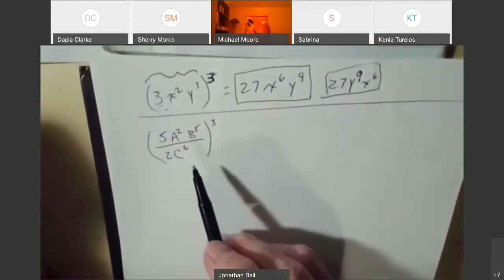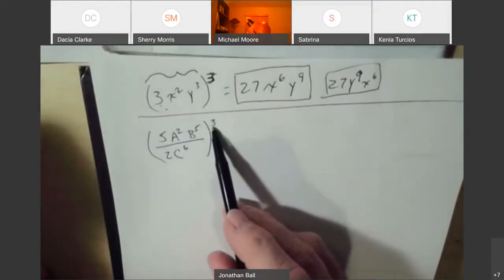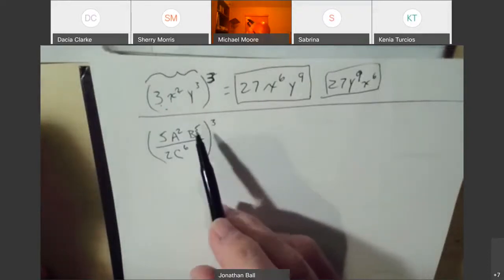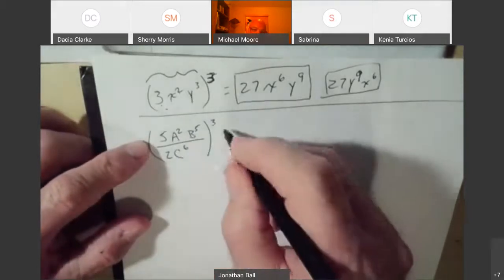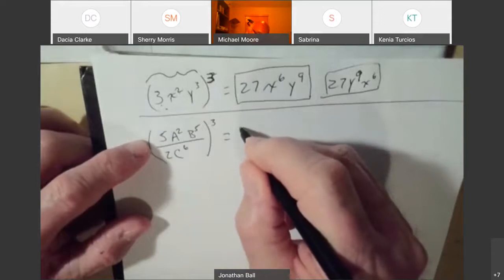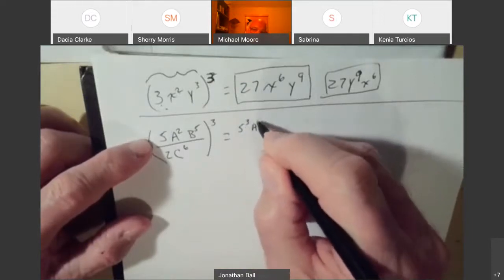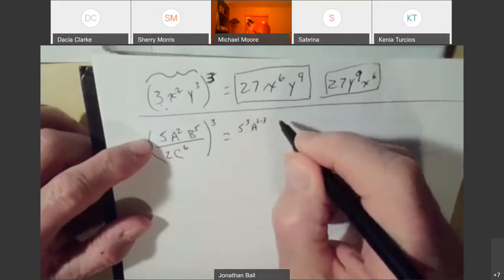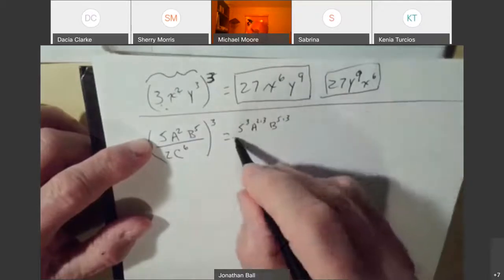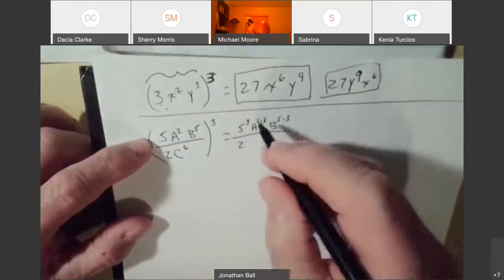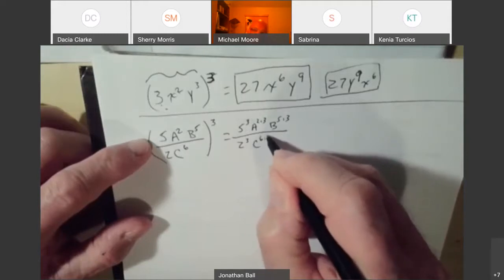Now remember, this is kind of like the distributive property of multiplication. The only thing is we're going to distribute the cube over every term inside of the parentheses. This is going to be 5 cubed, a to the 2 times 3, b to the 5 times 3, over 2 cubed, c to the 6 times 3.